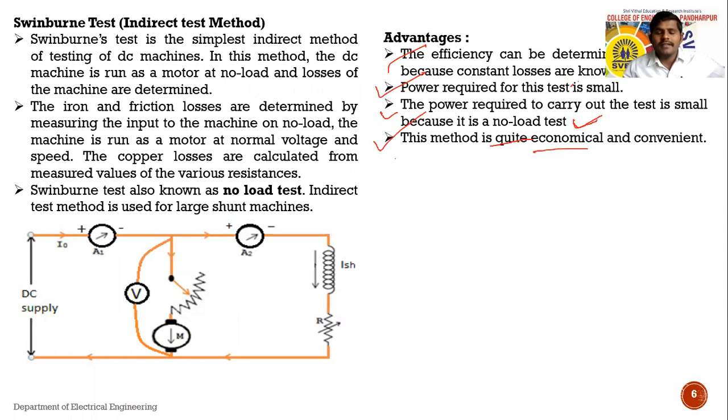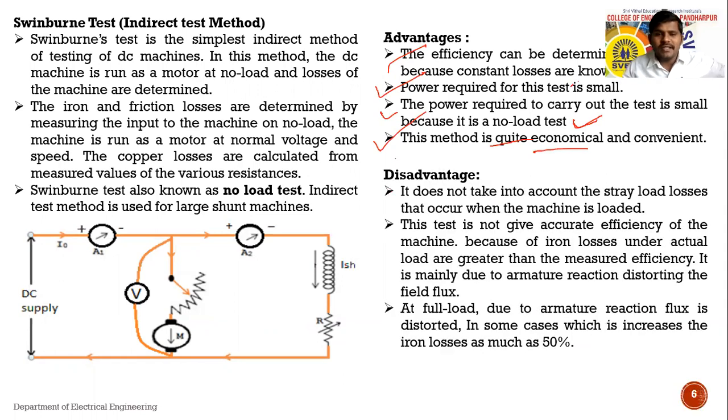Now advantages. Now the disadvantages of this method is that it does not take into account the stray load losses. याच्यामध्ये आपण stray load losses account मध्ये consider करत नाही.